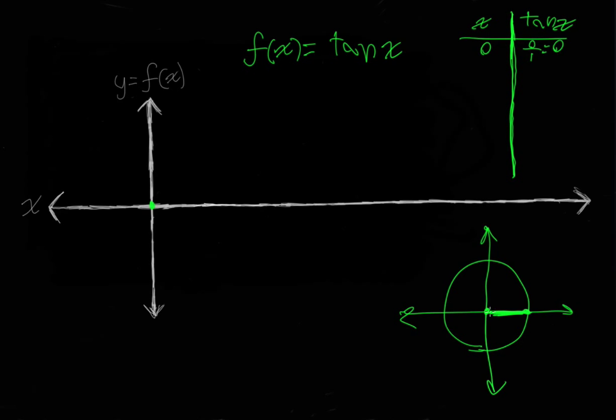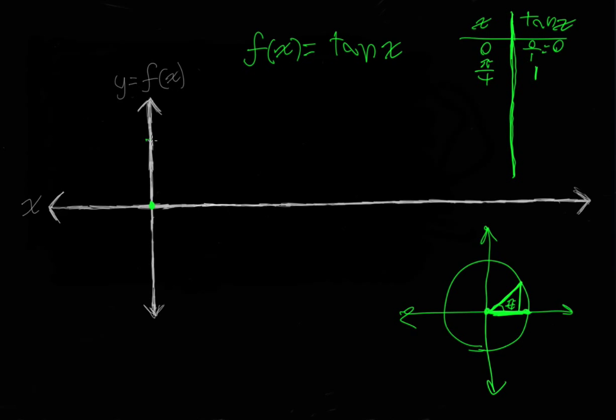Now, what about another one? Pi over 4, and you should be used to this by now. As we've seen in the past, this is an isosceles triangle, so the opposite side is equal to the adjacent side. So we're going to have a tan ratio of 1. Alright, and let's start marking these.